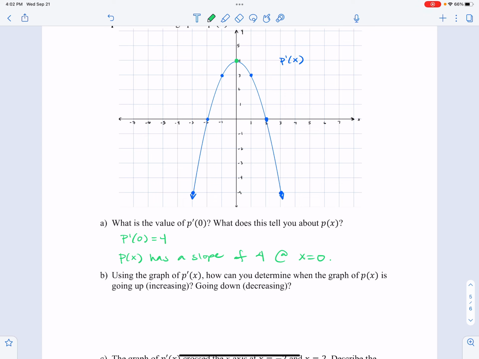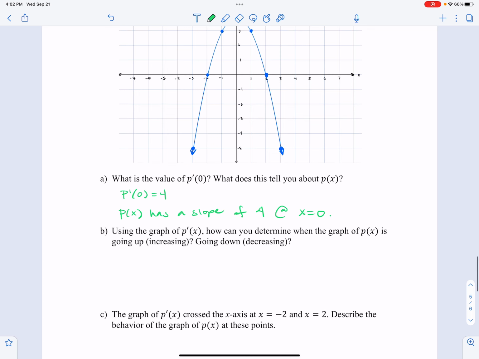Okay, so using the graph of p prime, on the graph of p of x, you would feel like you're walking uphill. For the graph of p of x to feel like you're walking uphill and be increasing, p prime would have to be positive because the slopes of the tangent lines would have to be positive.